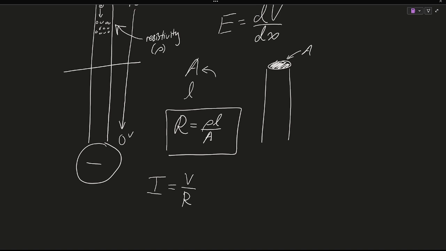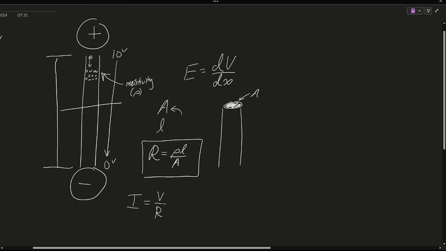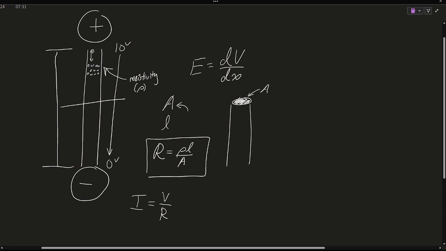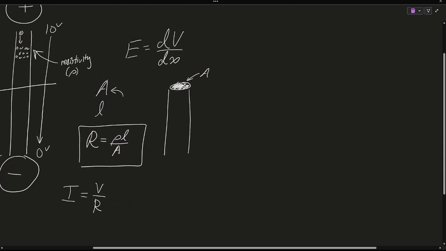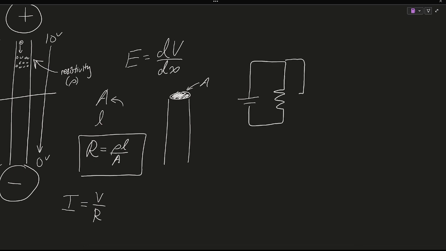Now, what you need to remember here is that this only applies to a single resistor. This is only for when you have a uniform resistivity throughout your entire wire, your entire resistor, and you only have one wire as well. So in a circuit, for example, if we have this nonsense like this, you can't just apply Ohm's law directly, because there's two resistors here.